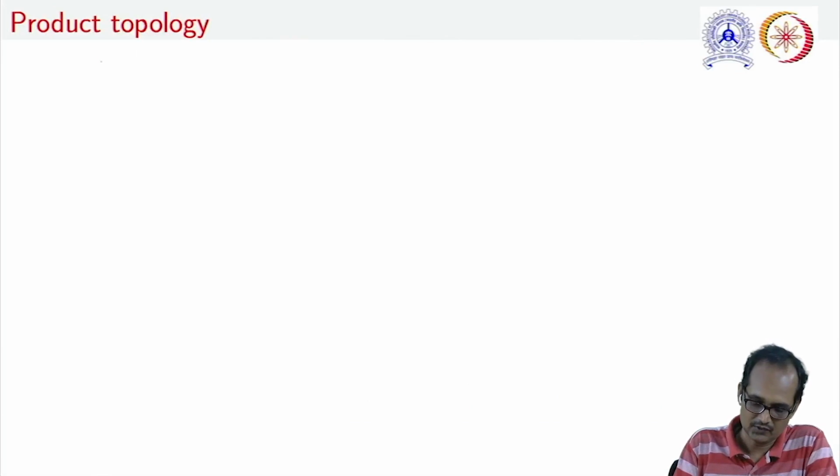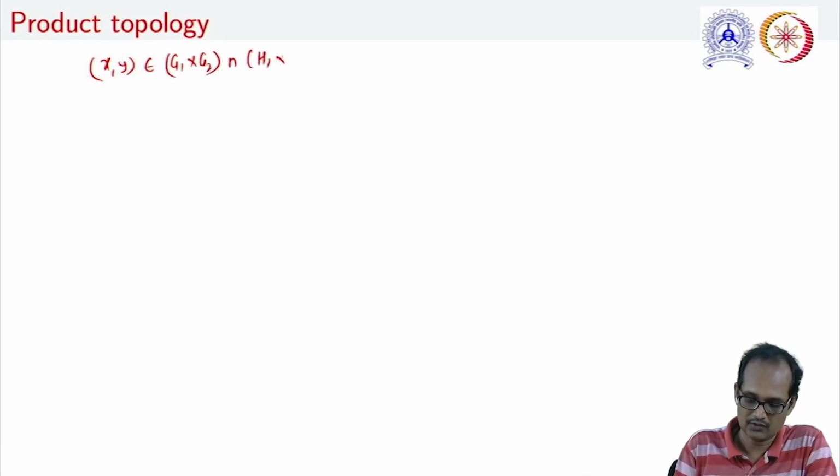Question is how to find out this B3. Now, as (x, y) belongs to G1 cross G2 intersection H1 cross H2, from here we can conclude that (x, y) belongs to G1 cross G2 and this (x, y) is also a member of H1 cross H2.